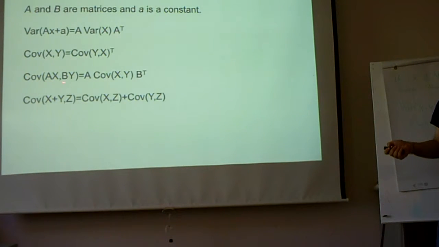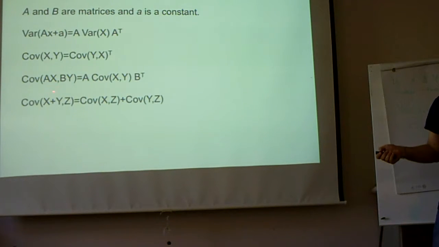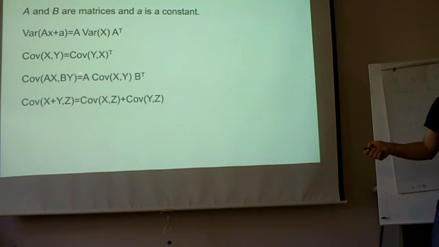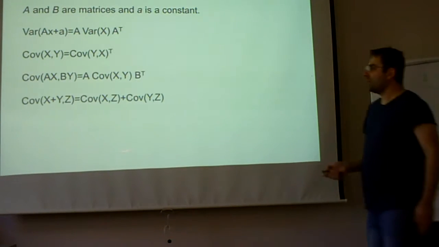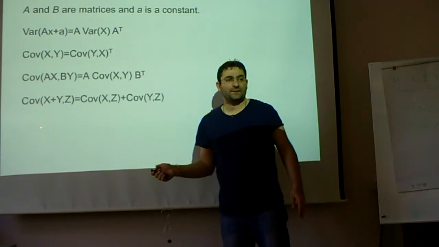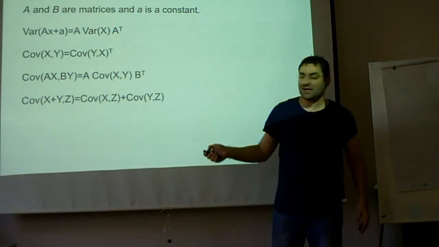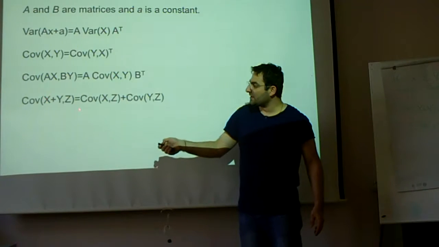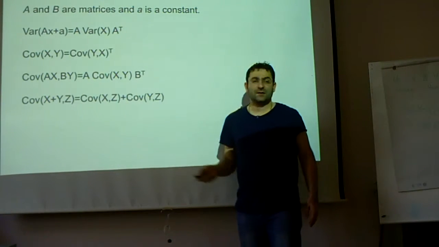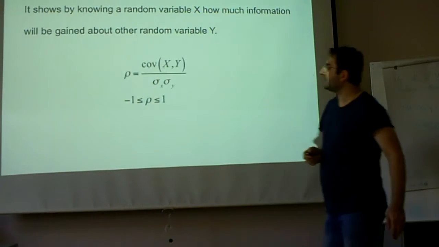Now, as we were expecting, if we are multiplying by matrices, we have to multiply the covariance with those matrices. Covariance also has the property of distributivity, which means that the covariance of x plus y and z is the same as the covariance of x and z plus the covariance of y and z.